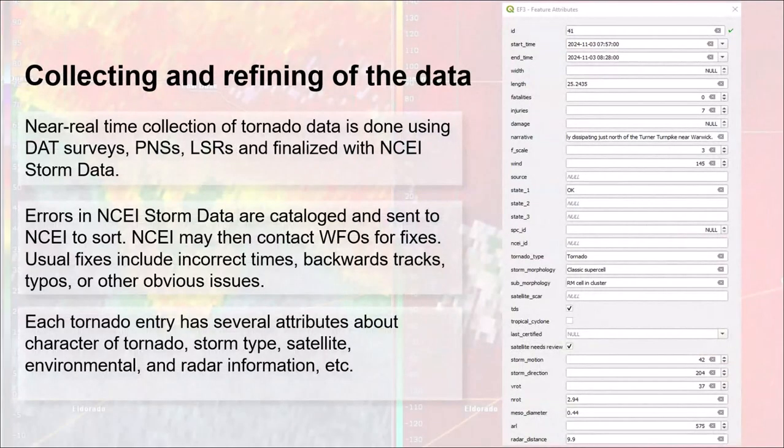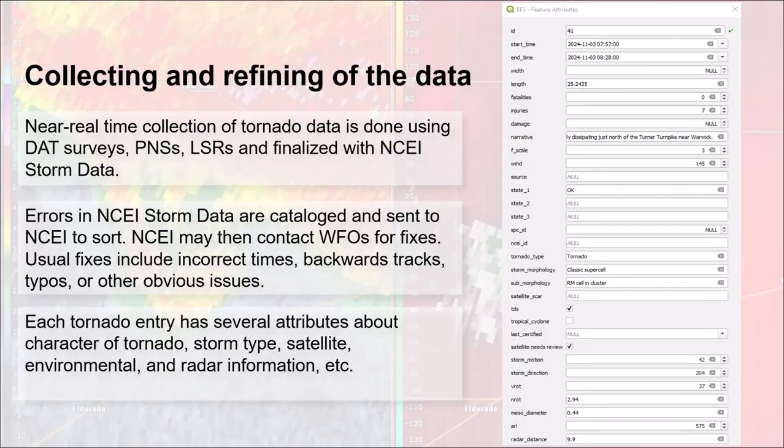So this is a reused slide from the November Storm of the Month. Basically, it details how I'm collecting all this data. The storm surveys that WFOs perform are key to finding detailed information about the paths and the widths for all these tornadoes. And then once that data is finalized in NCEI Storm Data, I look through that and try to find errors.